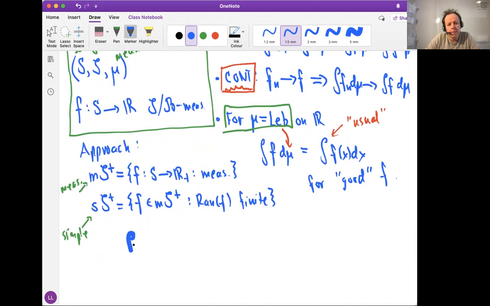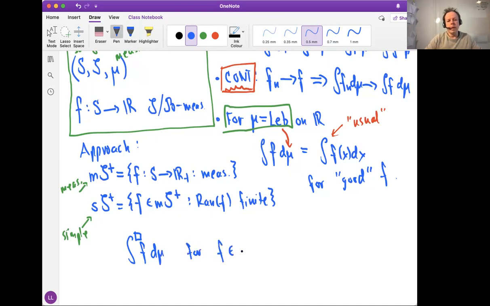So we are going to define what an integral means for simple functions, and that's what we are going to denote according to the lecture notes with the square. That square means something elementary or simple. So we are going to define the integral for f being a simple, non-negative, measurable function.